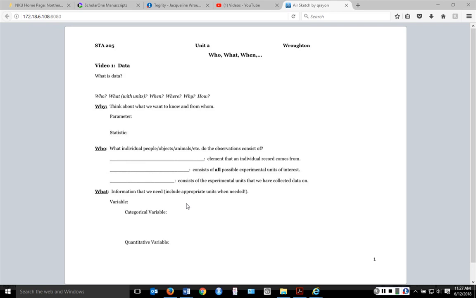So on that note, one of the first things we want to talk about is what is data? Well, data is going to be values, and this can be either numeric or non-numeric, with context and meaning.